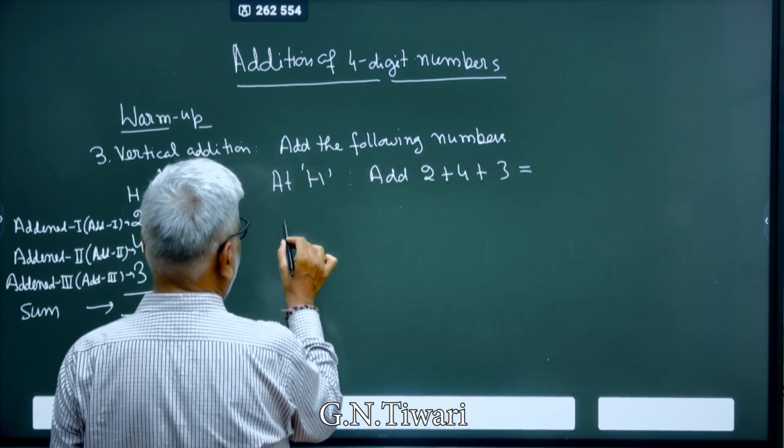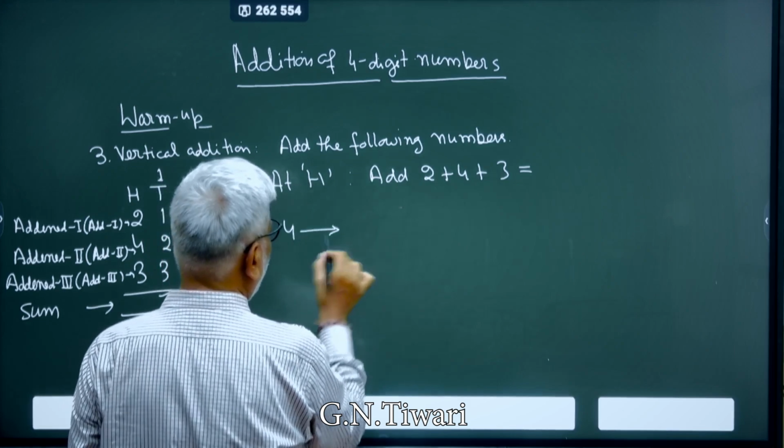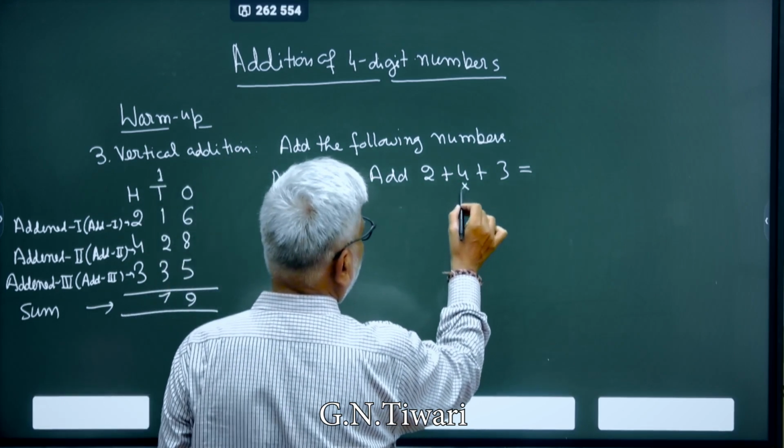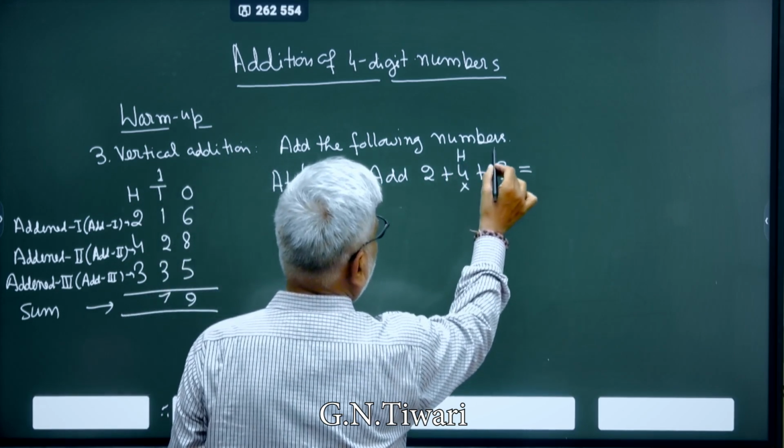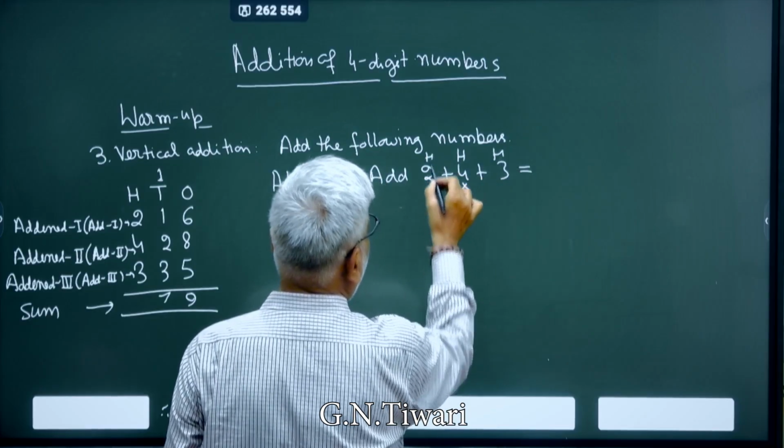Largest number is 4. Forward 4 काउंट कर दीजिए. ये H सब है. H, H, H. Don't forget to write this one.